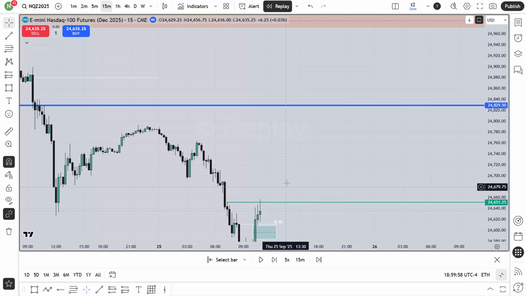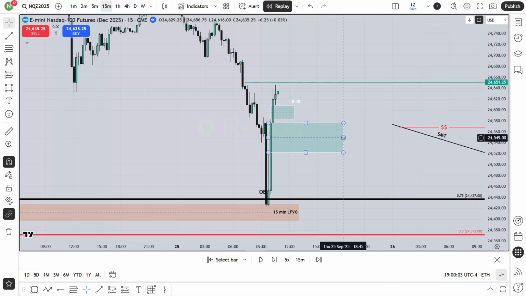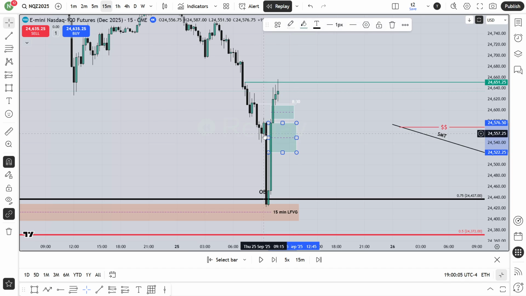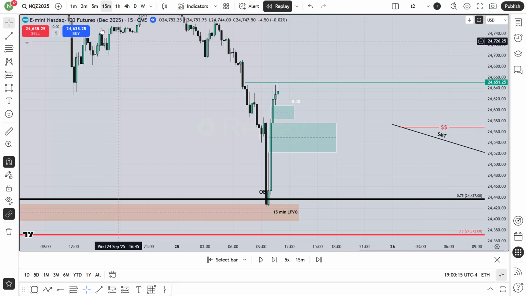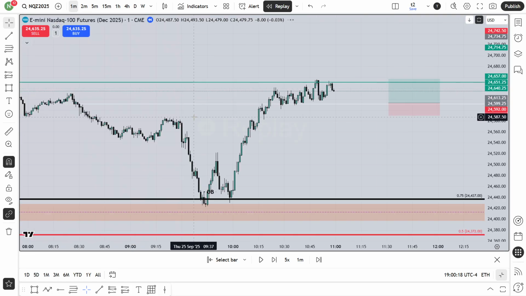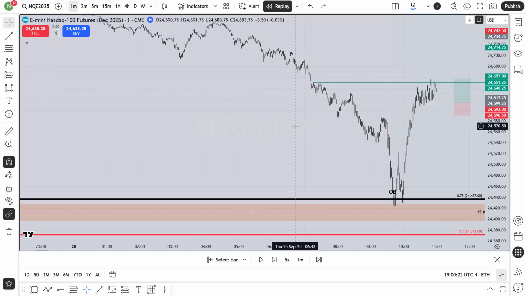I'm expecting this market is going for the all-time high, and it is going to leave the lower fair value gap absolutely open. Absolutely open. It should not even touch this gap. It will trade the upper gap, which is called the entry gap. After trading this gap, it will keep going higher. I would love to see that. Now I'm coming to the 1 minute chart, and if I come to the 1 minute chart, where is that area actually? Actually, this is that area.